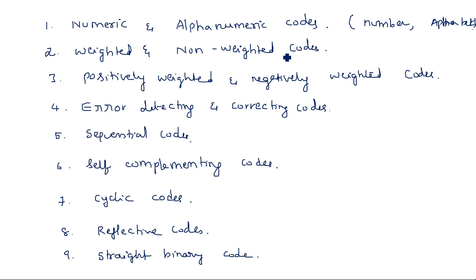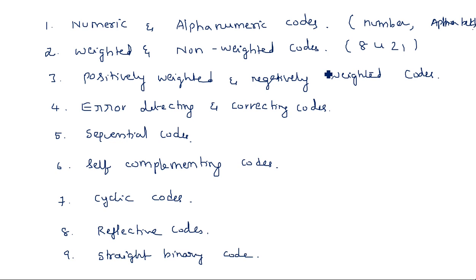Weighted and non-weighted codes: weighted codes obey the position weighting principle. According to 8421 code, the 1 is obtained by taking the weight of that particular position, and 2 is obtained by taking the weight of its position. So these four digits are obtained by taking the weights of their positions.